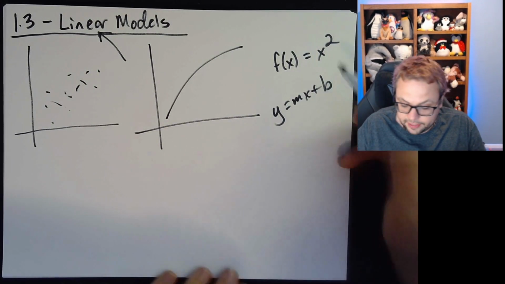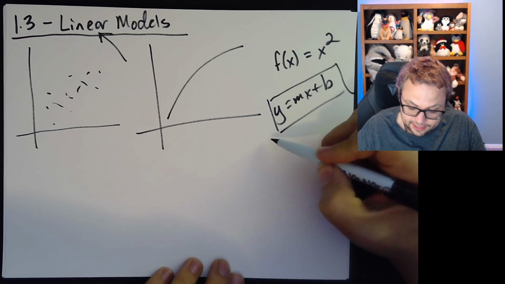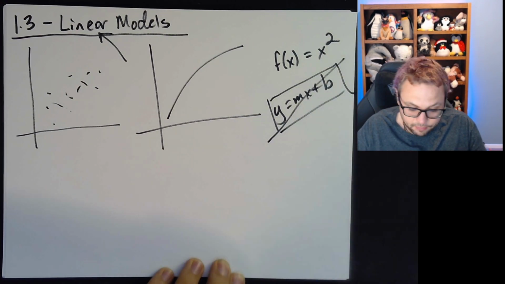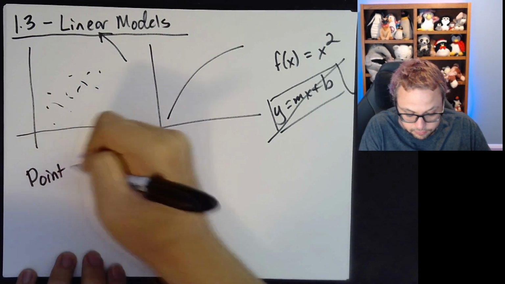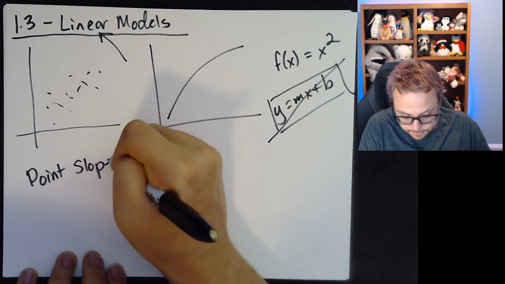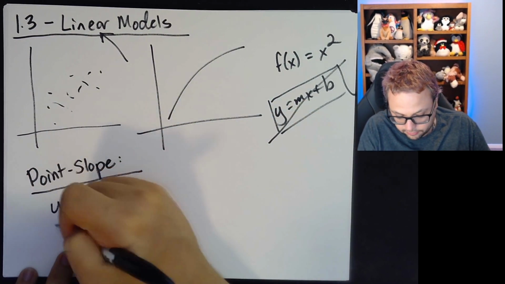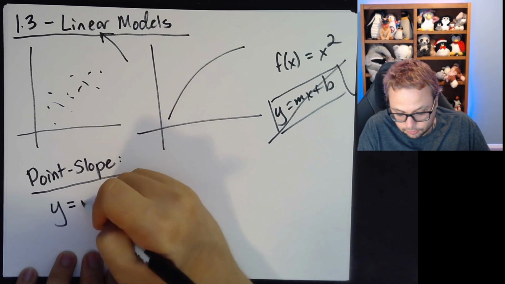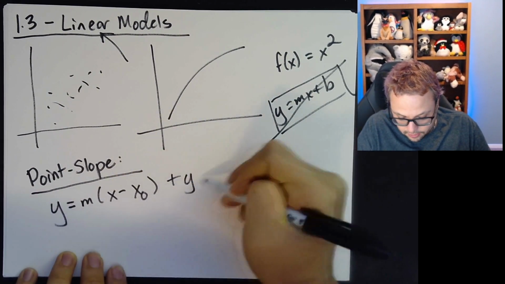But the first thing that I want to do is encourage you, for purposes of this course, not to think of the equation for lines in that way, and instead to think about the equation of lines as being the point-slope formula. What the point-slope formula gives you is that y is equal to m times x minus x naught, plus y naught.